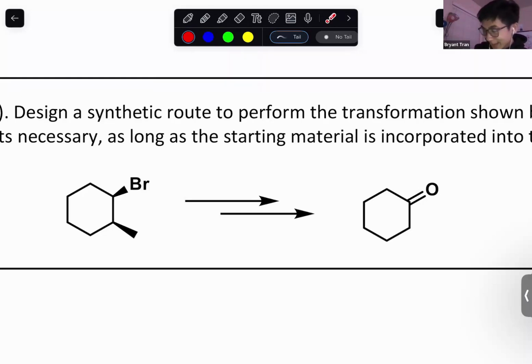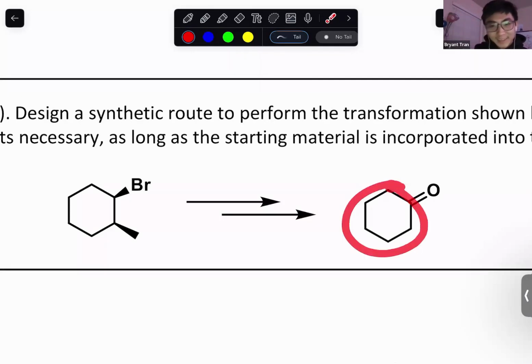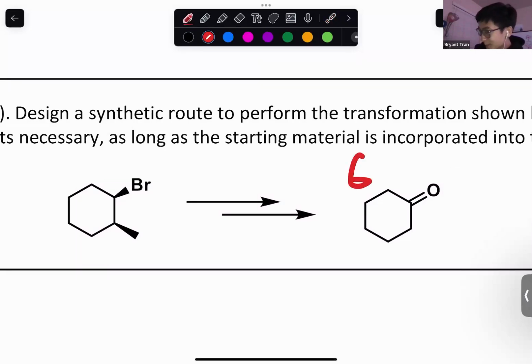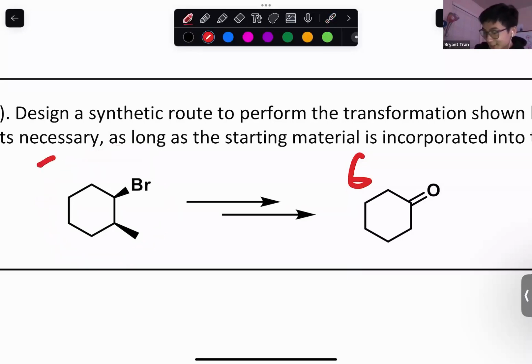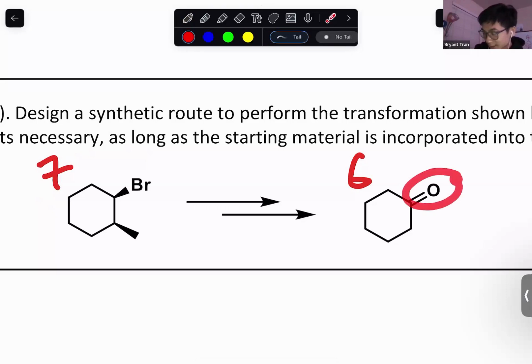How many carbons do we have in the product molecule? 6? What about the reactant molecule? How many carbons do we have in the reactant molecule? 7? Yes. We see that we got rid of 1 carbon and we have a carbonyl here.